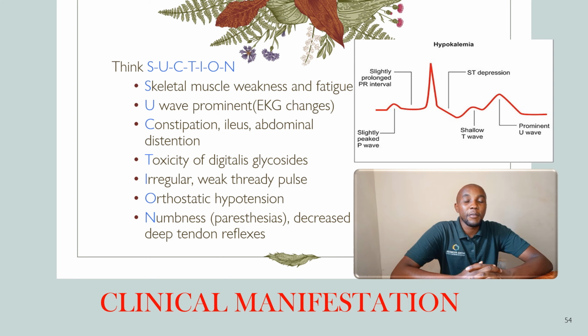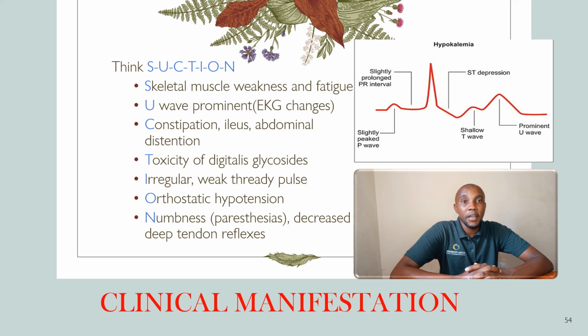We have C for constipation, ileus, and abdominal distension. T stands for toxicity of digitalis glycoside. What I mean by that is that the risk for digoxin toxicity increases in a patient with hypokalemia. Remember that. I is for irregular, weak pulse.